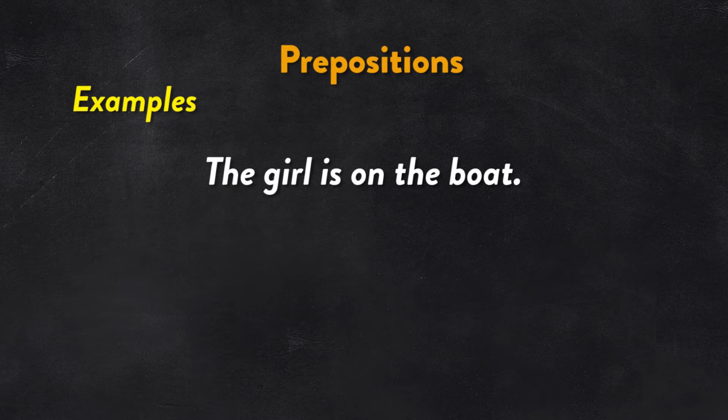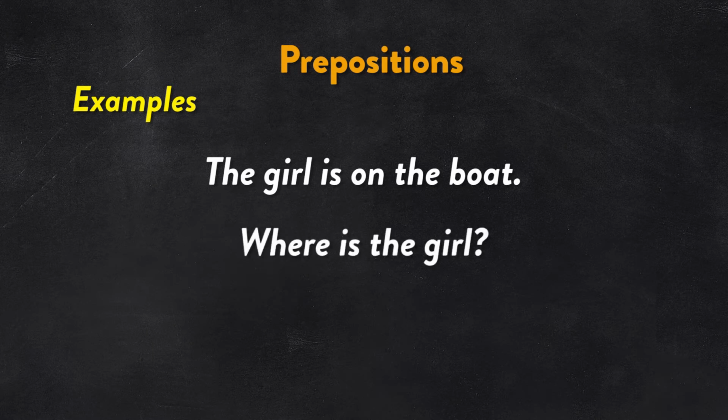Yes, we have girl and we have boat. Remember I said a preposition answers two main questions: where and when. So we have spatial location and we have location in time. So, where is the girl? The girl is on the boat. So the preposition in this sentence is on.